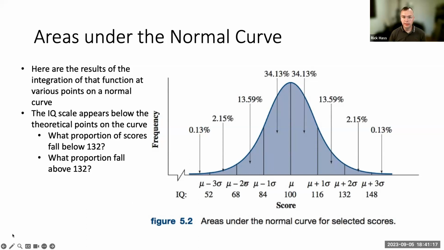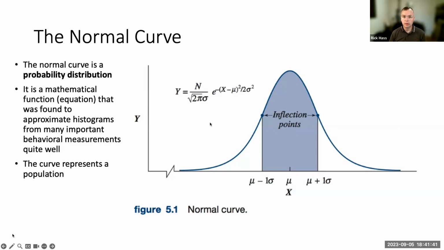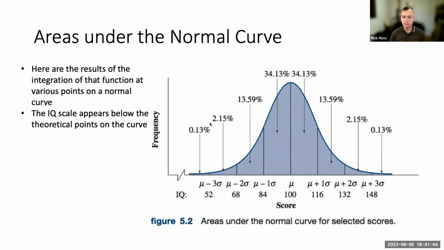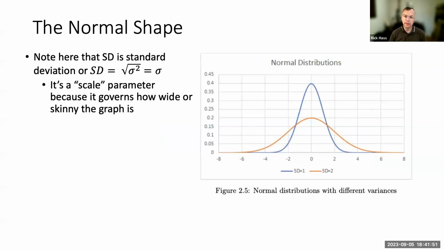All these percentages are obtainable because if we add up or integrate the entire function from negative to positive infinity, it will equal 1.0 on the dot. So essentially the results of integration for the normal distribution are proportions that we can interpret as percentages. A couple other things.